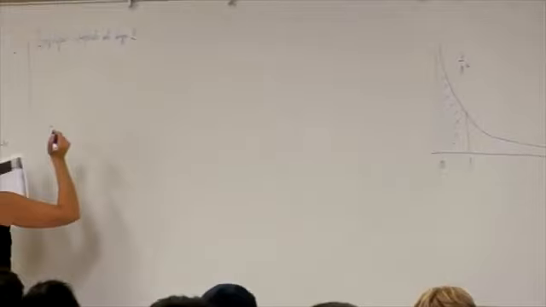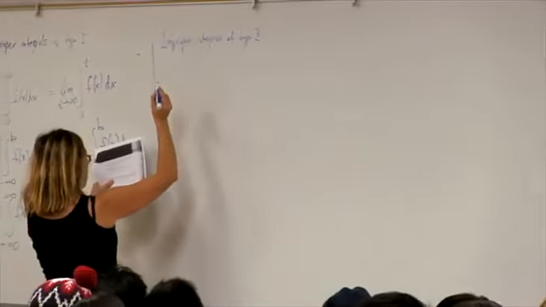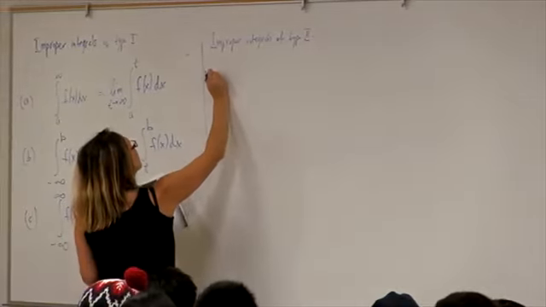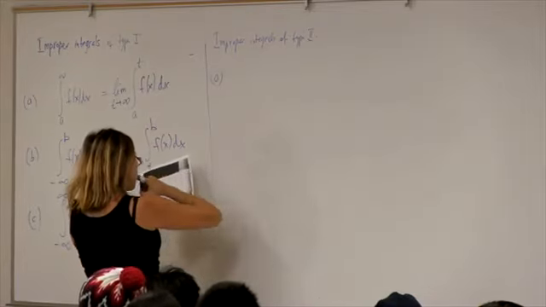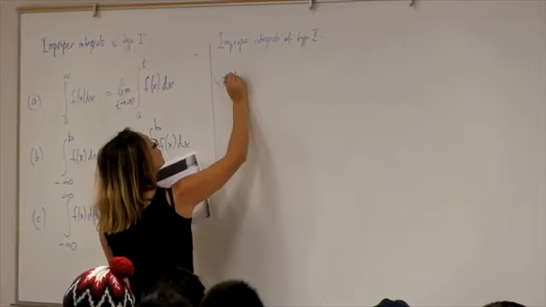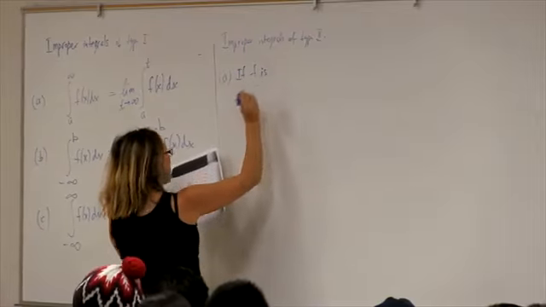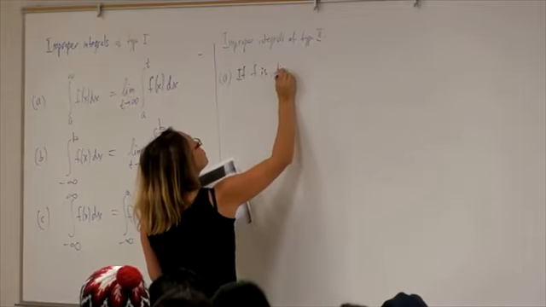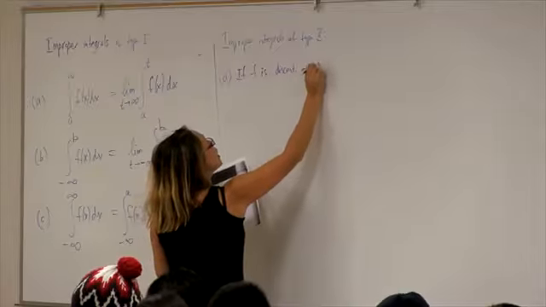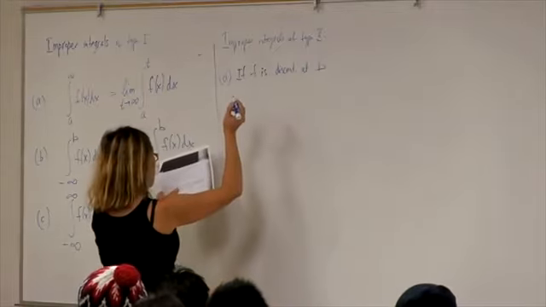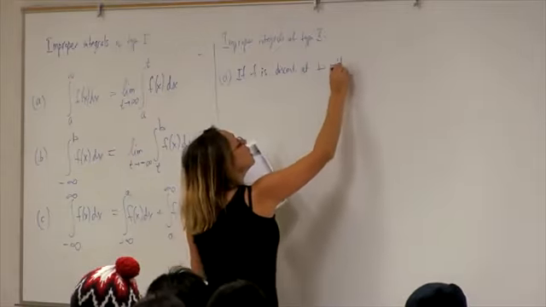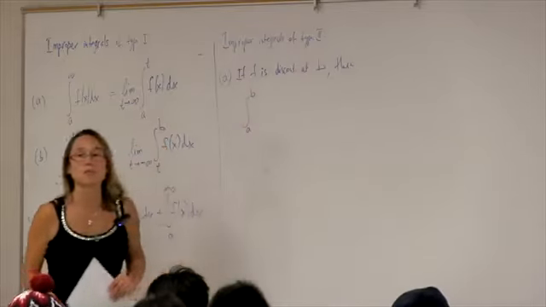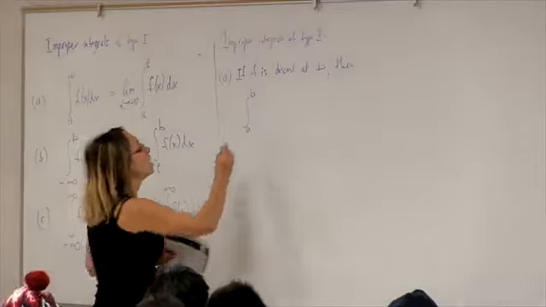So here we again have a, b, and c. If f is discontinuous at b, then the integral from a to b becomes improper.